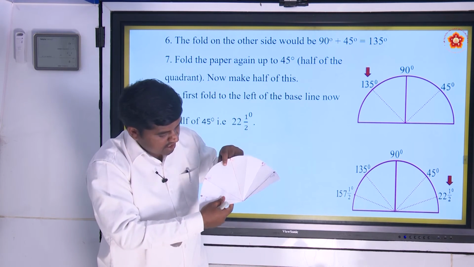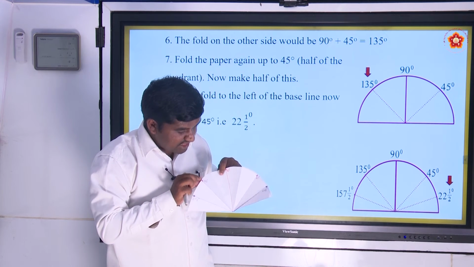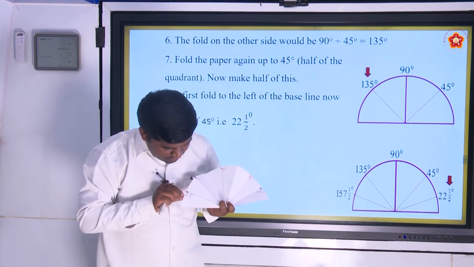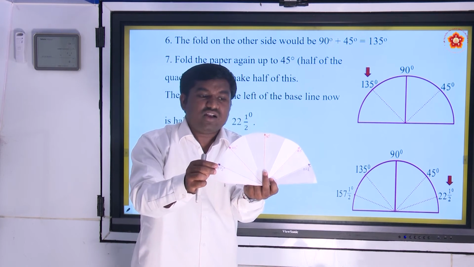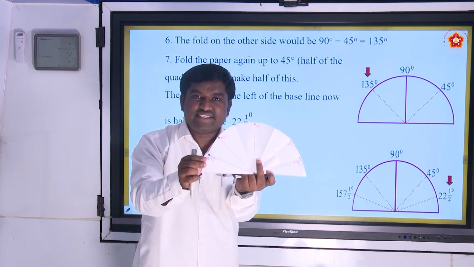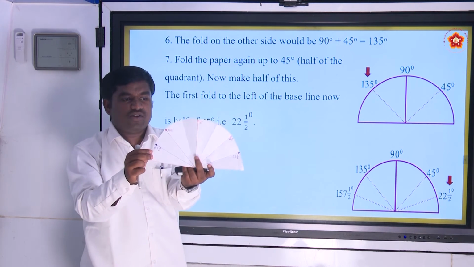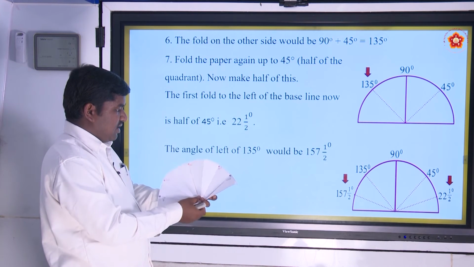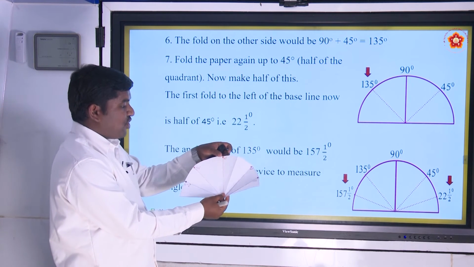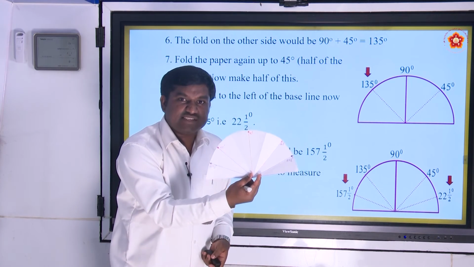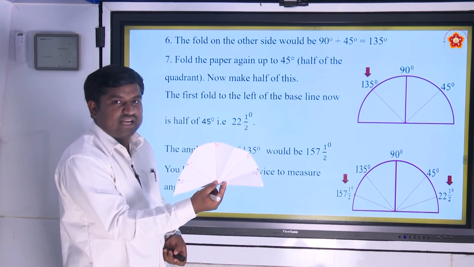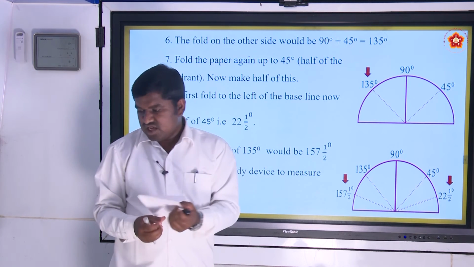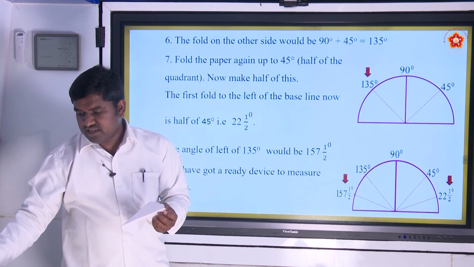After 135 degree plus 22 and a half degree, that is 157 and a half degree. Then this is the approximate protractor. To measure the angles we can use this. I will tell the procedure again.